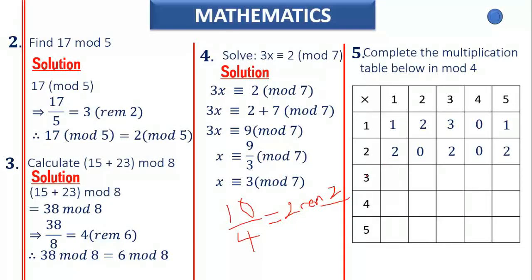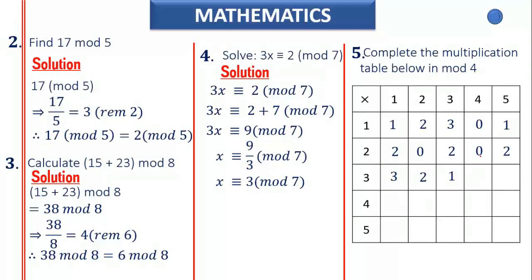So as usual, you can go ahead and solve the rest. 3 times 1 will give you 3. 2 times 3 will give you 6. 6 divided by 4, of course, remainder 2. And the same thing goes for this. That's 3 times 3, that's 9. 9 divided by 4, that's 2, remainder 1.